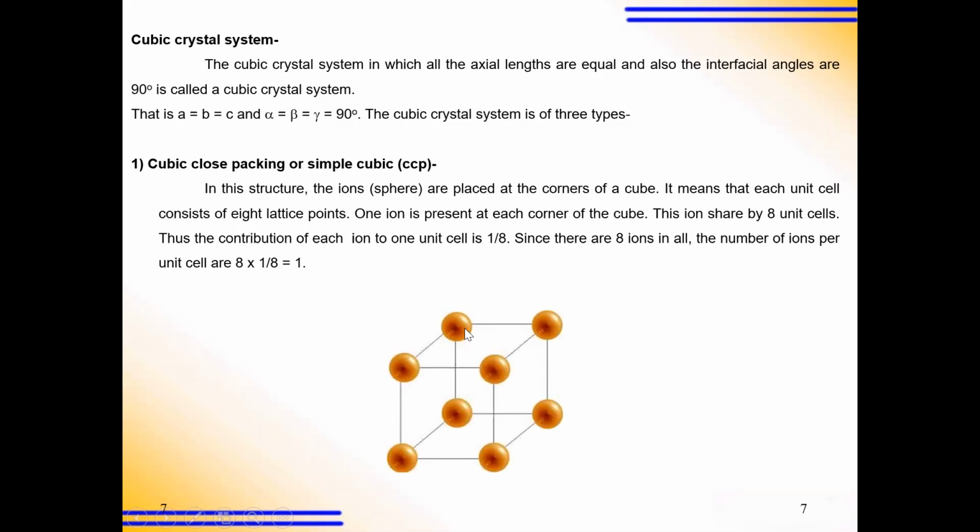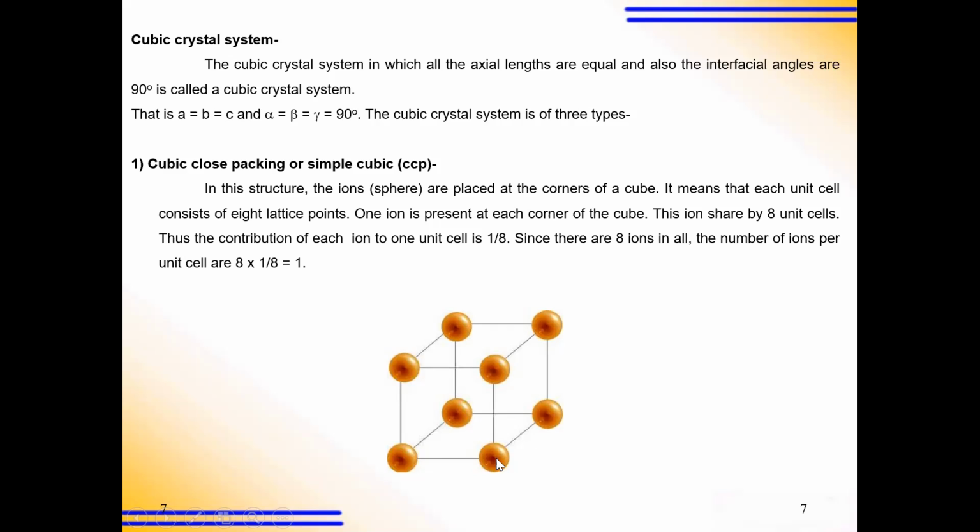the ions or spheres which are present at the corners can be joined together, and it forms a kind of cubic structure. This is the cube. It means each unit cell consists of 8 lattice points: 1, 2, 3, 4, 5, 6, 7, 8.